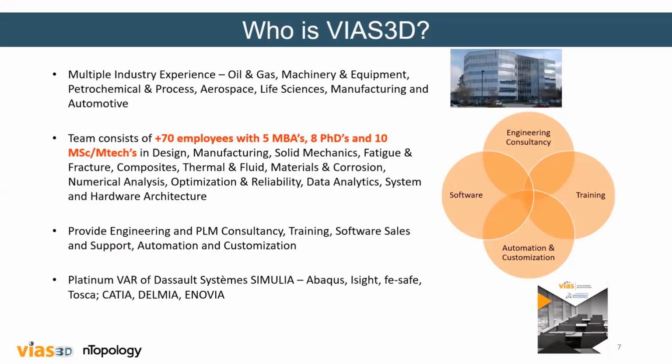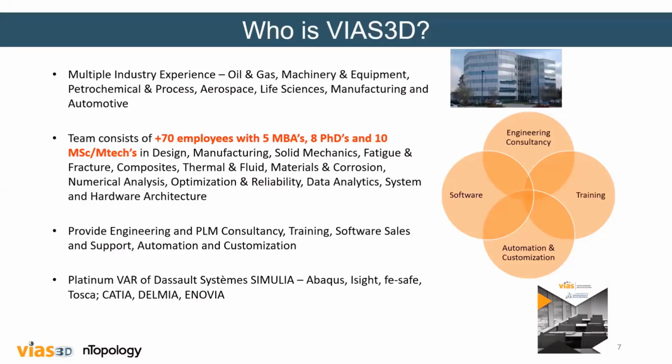We are also a value-added reseller of Dassault Systèmes. We are their platinum partner, which means we are one of the resellers doing the job right in terms of client satisfaction. On the Simulia side, because we are talking more about structural simulation today, we work with software like Abaqus, iSight, Fe-safe, and Tosca, and some of these we have used in our workflow today, which we will demonstrate in the slides coming forward.